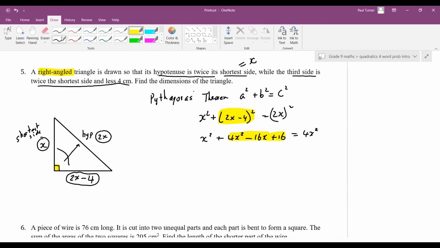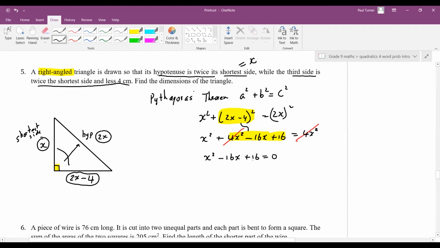That's a perfect square there. So then we simplify this a bit. You will see that 4x squared is on both sides. So cancel that. You get x squared minus 16x plus 16 equals 0.